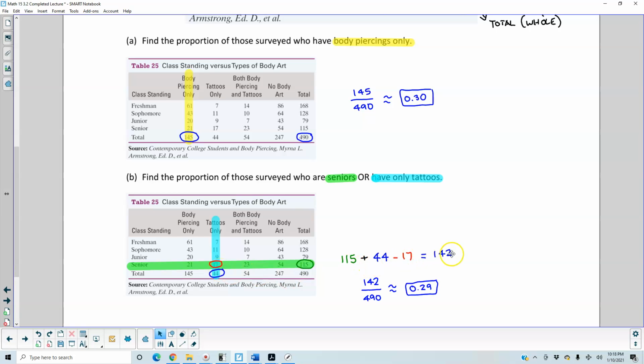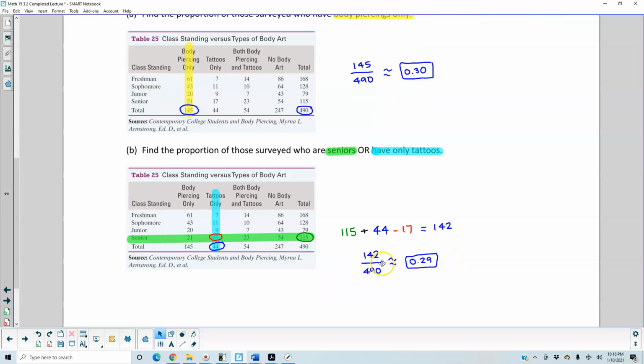So in order for us to get this number, we're going to take 115, add 44, and subtract 17 to give us 142. Now 142 divided by 490 gives us approximately 0.29 proportion of those surveyed who are seniors or have only tattoos.